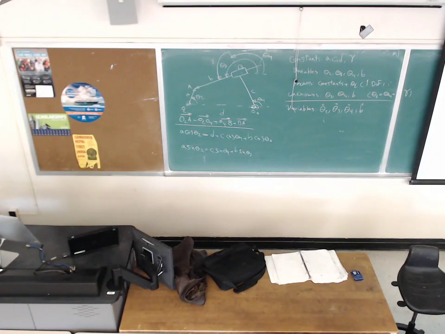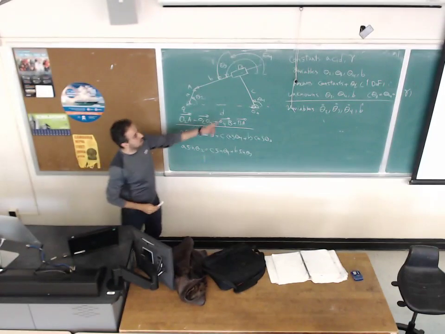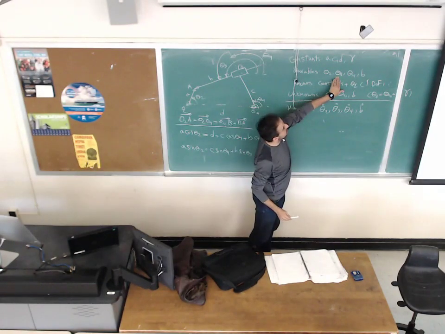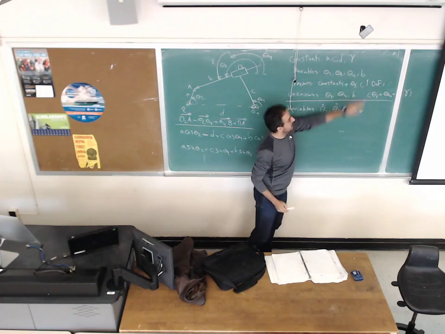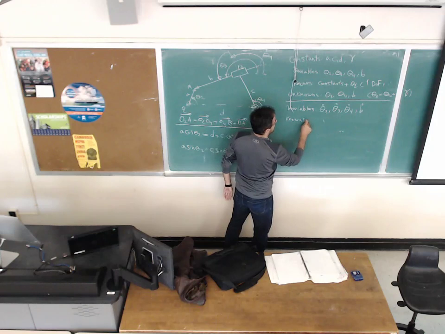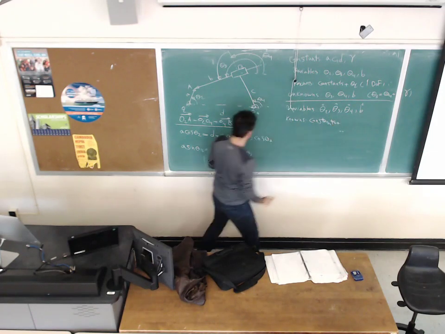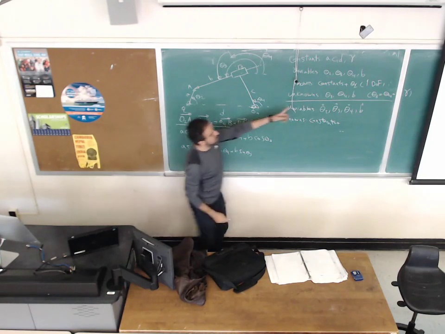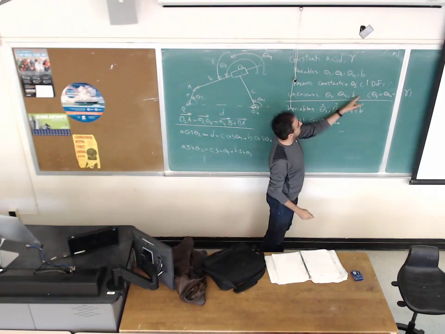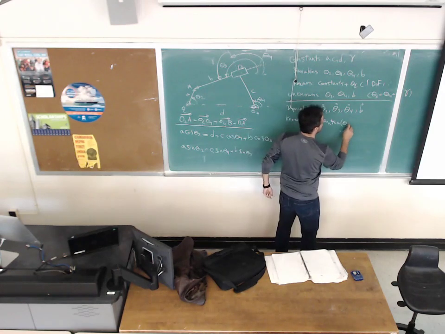Just put a dot, or how these variables are varying with time, or omega 2, omega 3, omega 4, and B dot. And knowns would be constants plus, we are done with the displacement analysis, so all values of theta 2, theta 3, theta 4, and B are known.